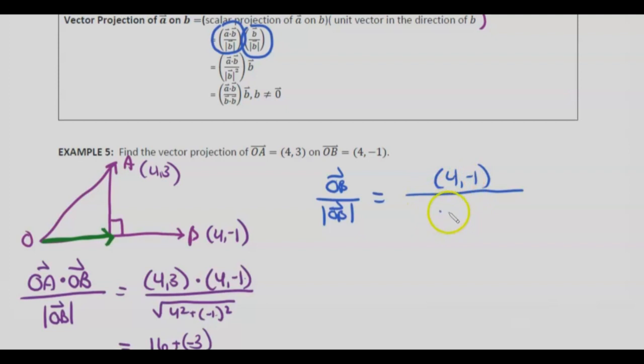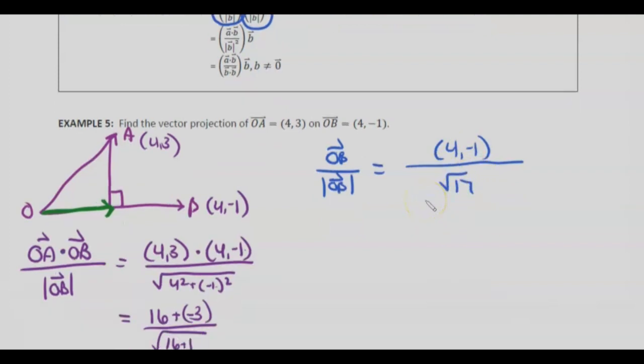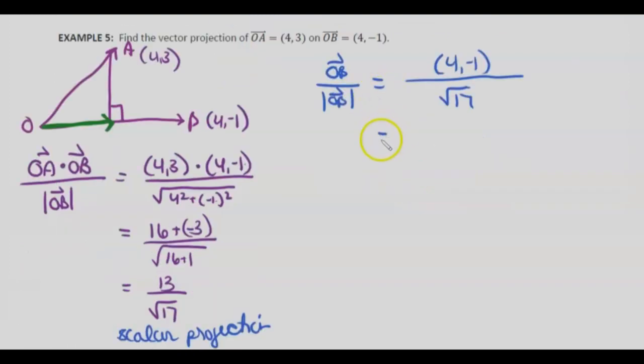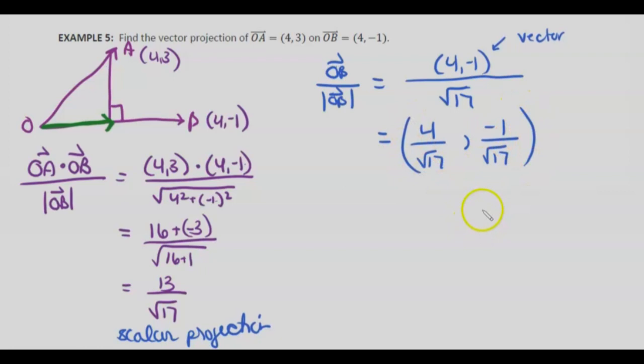We already solved for this, it's root 17. Because this is still a vector, I'm going to rewrite this as (4 over root 17, -1 over root 17). That's how that's going to look.